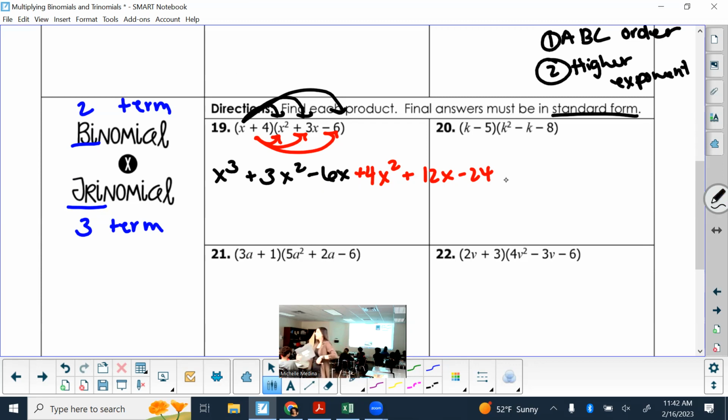What is the higher exponent on the x? So then see if the x cubed has any like terms. Are there any other x cubed? So then rewrite it. Then move on to the next one. Cross them off if you need to, but move on to the next highest. What's the next highest exponent on the x?